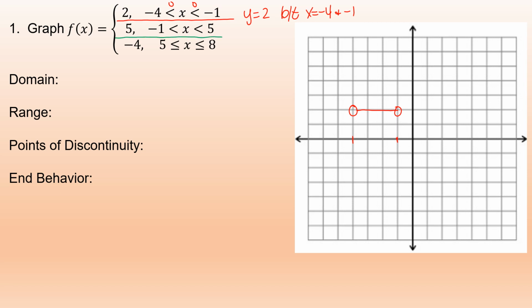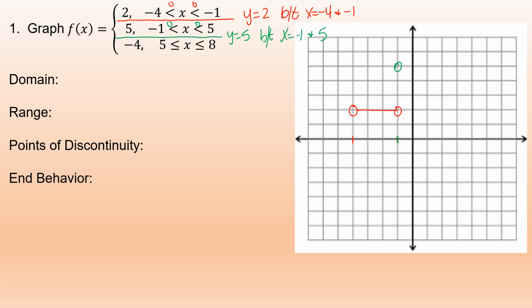Now do the next one. Y equals 5, okay, and that's between x equaling -1 and x equaling +5. So at -1, I'm going to go up to the 5 on the y values, put another open circle for both of these.